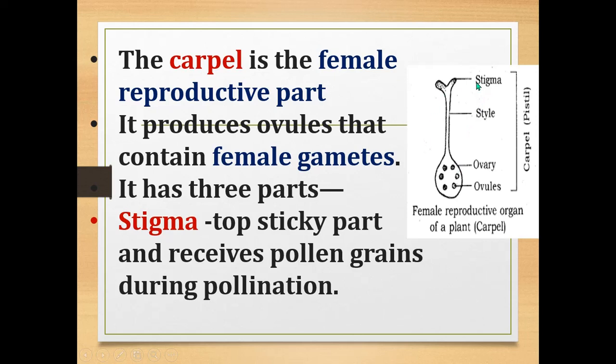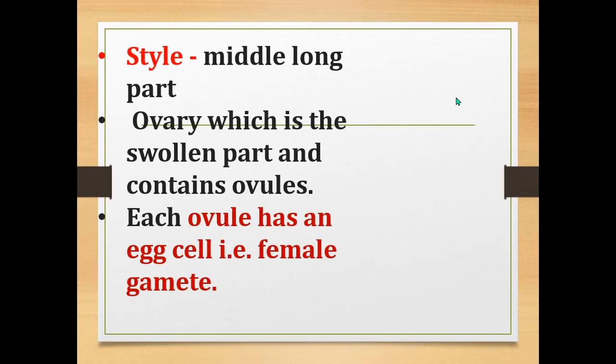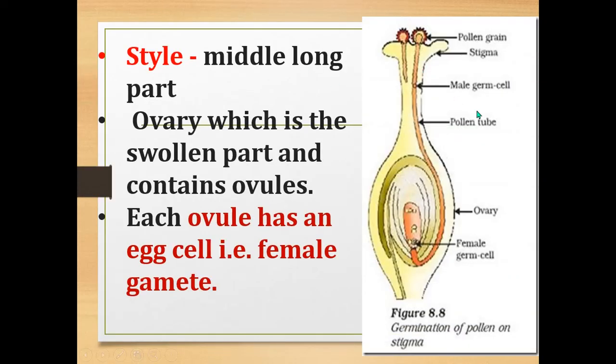The stigma is the top sticky part which will receive the pollen grain during pollination. Then the style is the middle long part, and the ovary is the swollen part which contains ovules. These ovules have the female gamete or female egg cell.